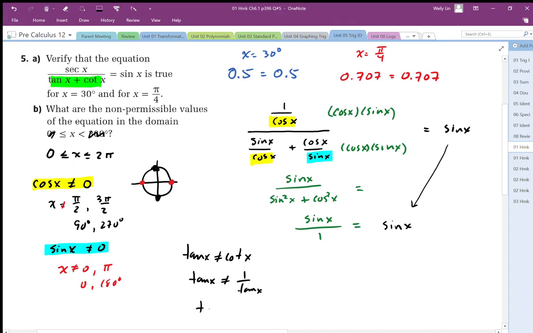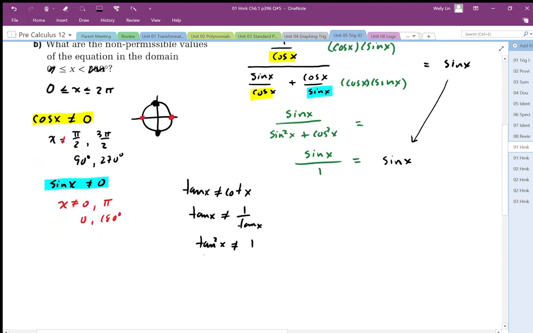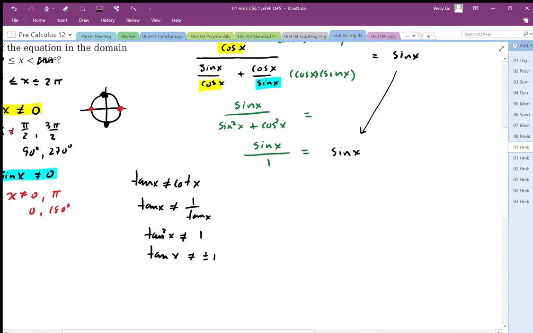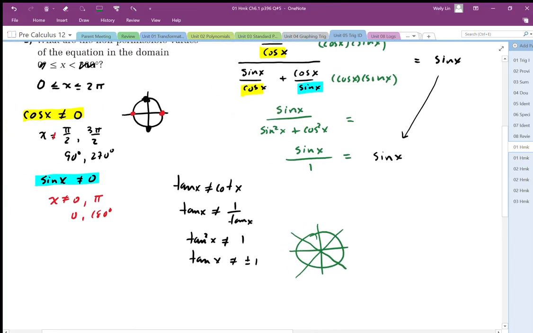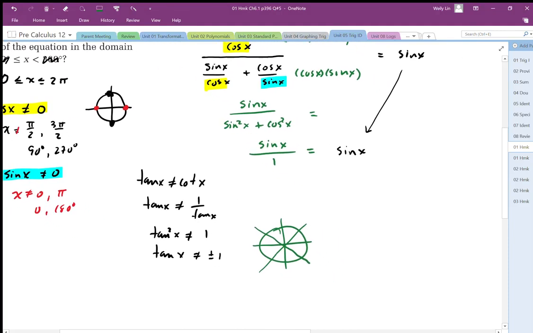So I end up with tan squared x is equal to 1, so tan x is plus or minus 1. So where tan is plus or minus 1, I'm just going to draw a different picture for this. We have to be careful because one has to be positive and one has to be negative.